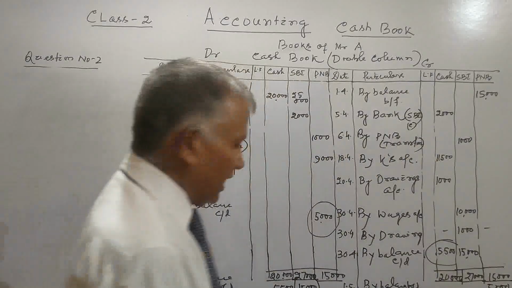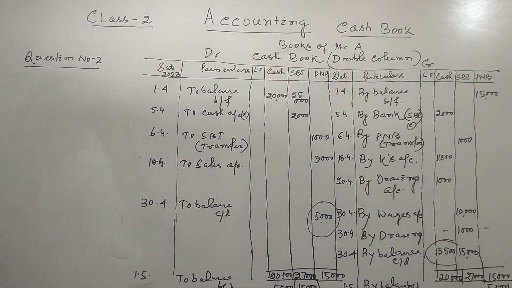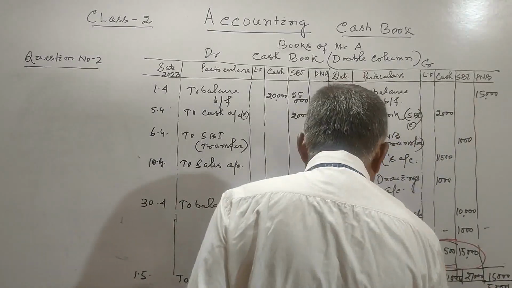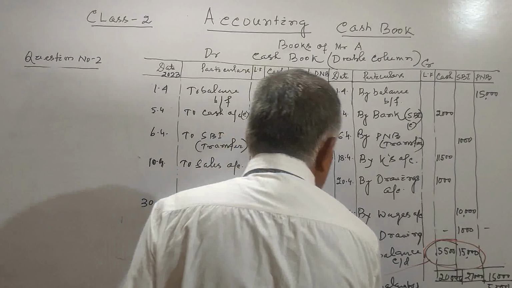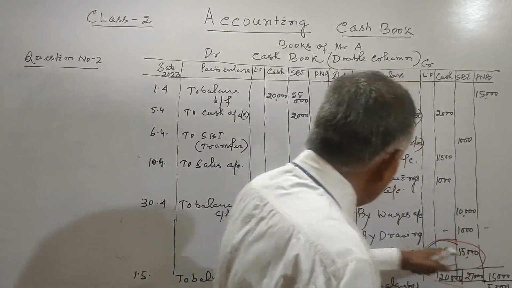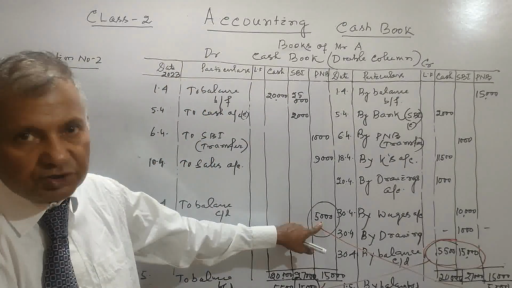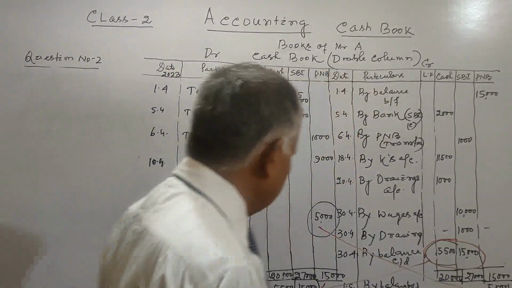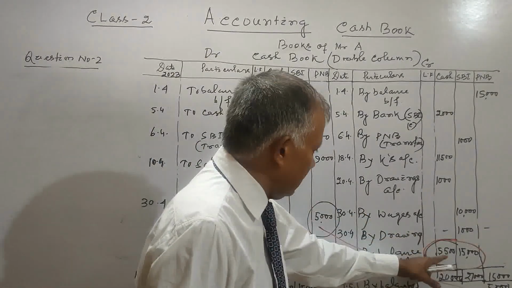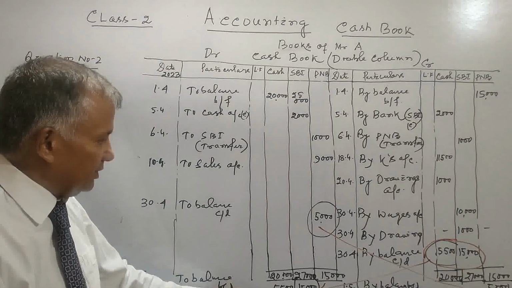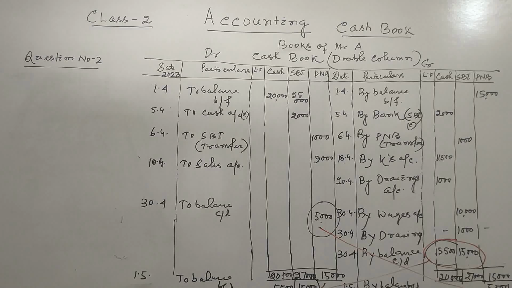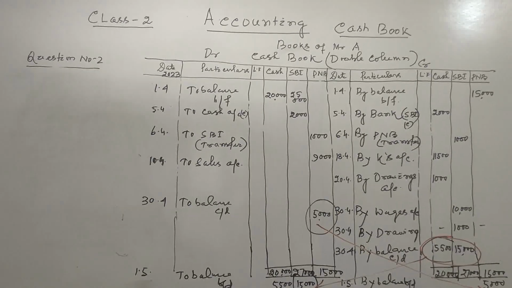Okay, so this balance will come here, it will come here, and this balance will go here. Here credit side was more, it is a credit balance, therefore it comes in the credit. Here debit side was more, it is a debit balance, it comes in the debit side, right? So this is how we can close the books of account.